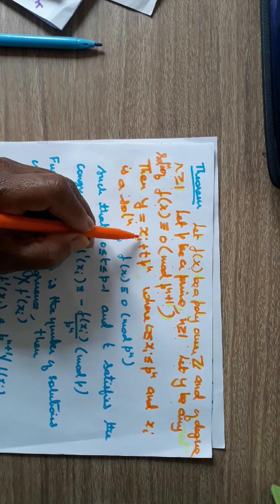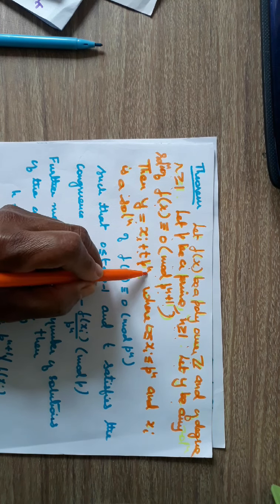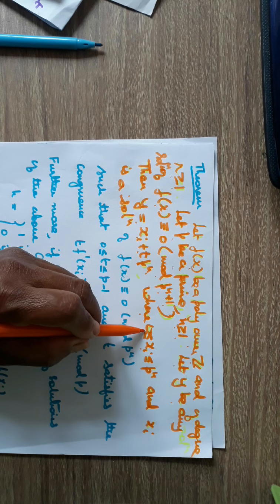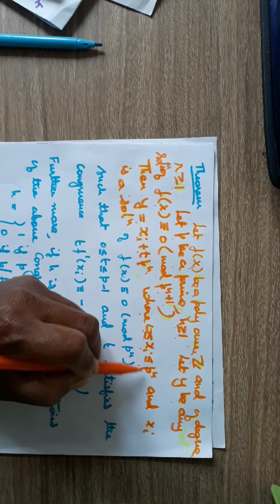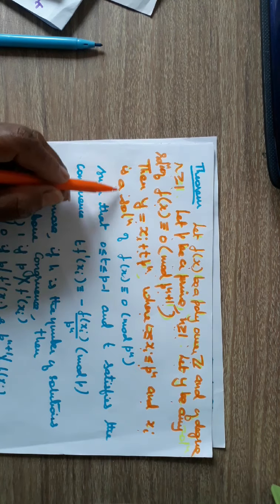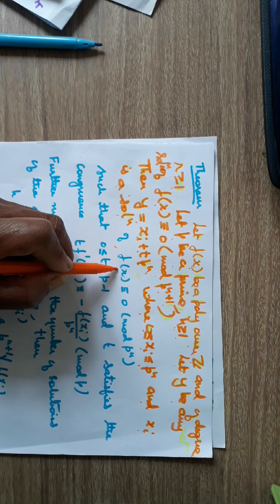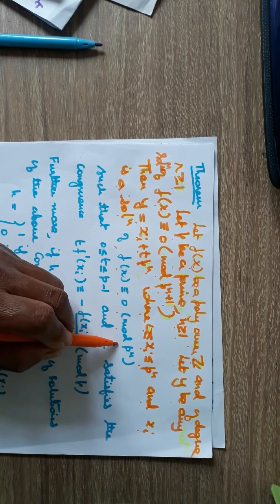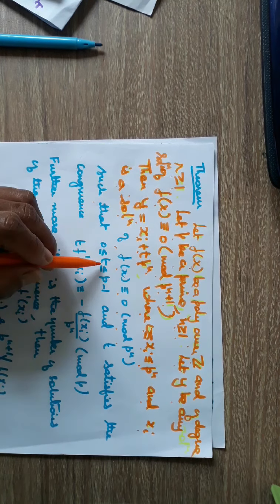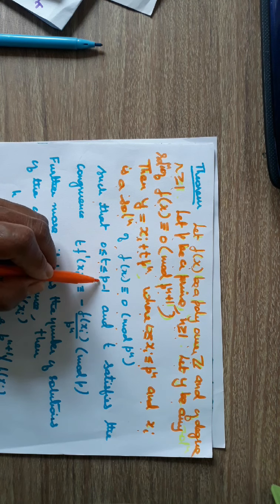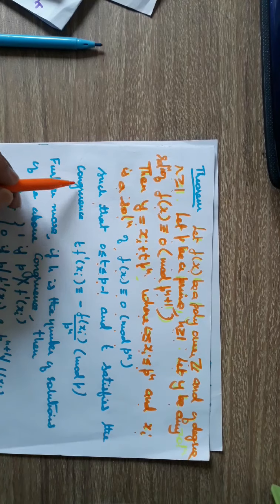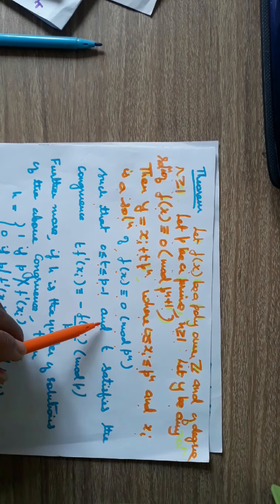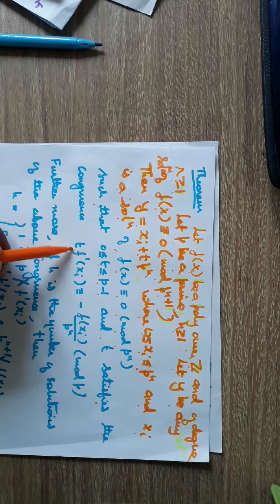Then y will be equal to xi plus t into p to the power n, where xi here is greater than or equal to 0 but less than or equal to p to the power n, and xi is a solution of f(x) congruent to 0 mod p to the power n, such that t here is greater than or equal to 0 but less than or equal to p minus 1, and t satisfies these conditions for the existence of t, and t satisfies the congruence t into f prime.